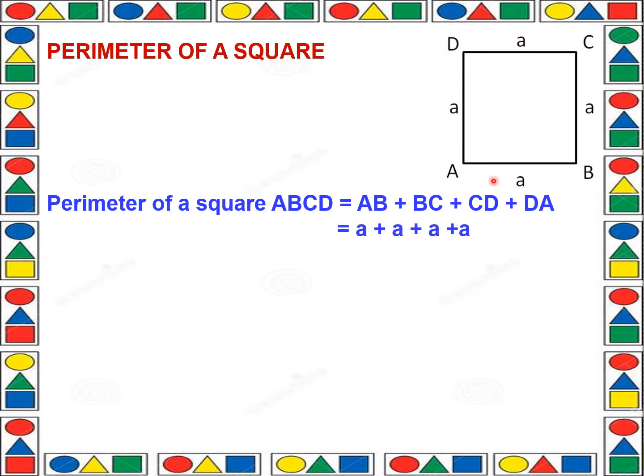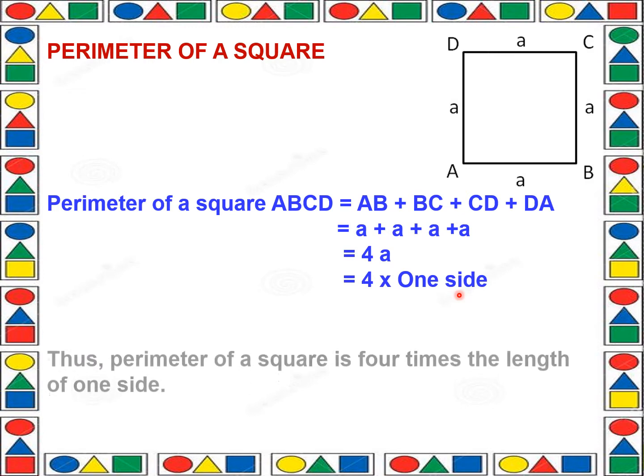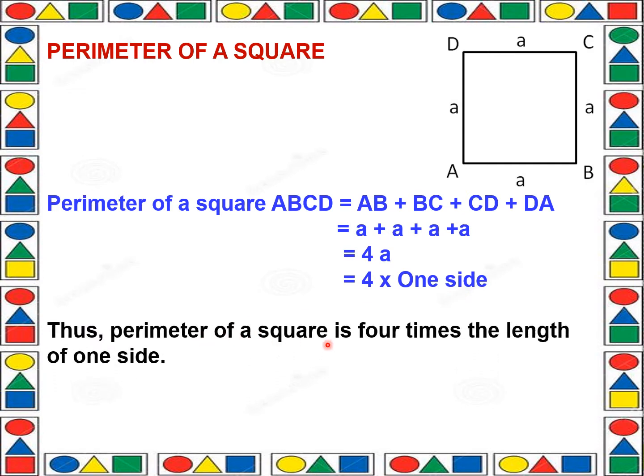AB equals a, BC equals a, CD equals a, and DA equals a. How many a's? 4 times, so 4a. We write 4 multiplied by one side. Thus the perimeter of a square is 4 times the length of one side.